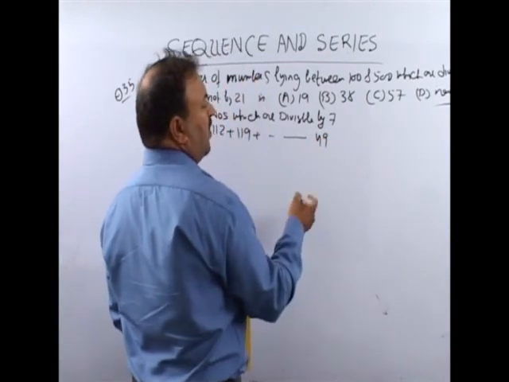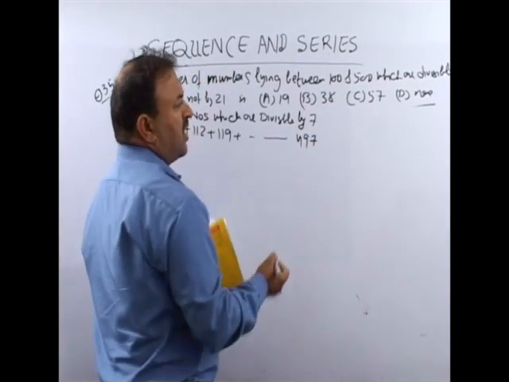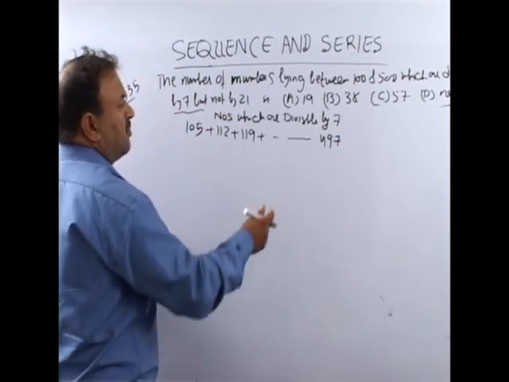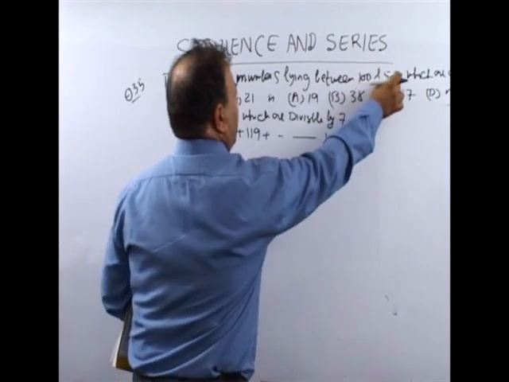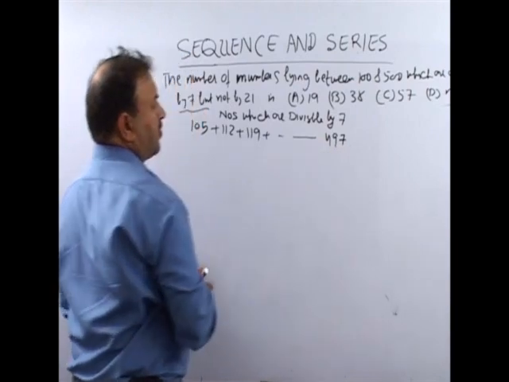The last number before 500 which is divisible by 7 is 497.